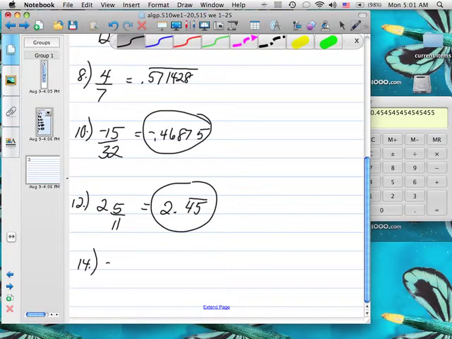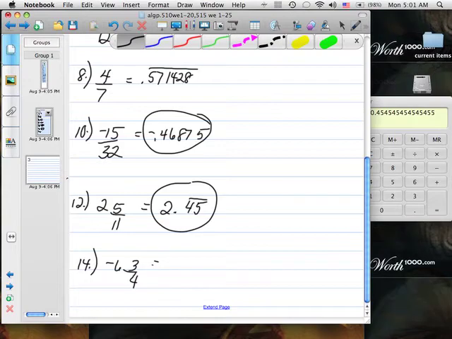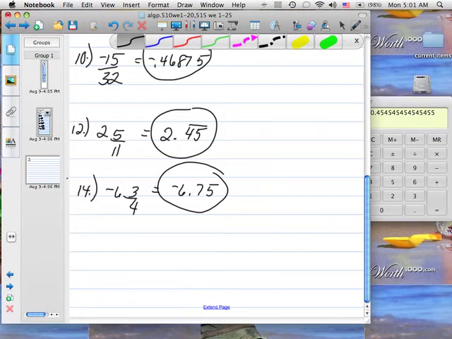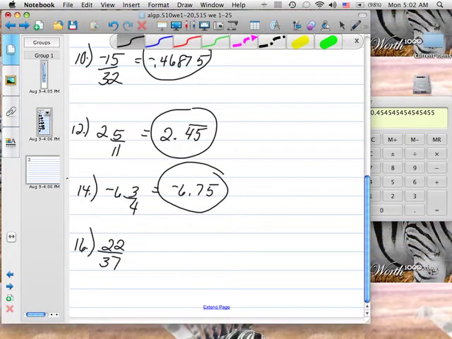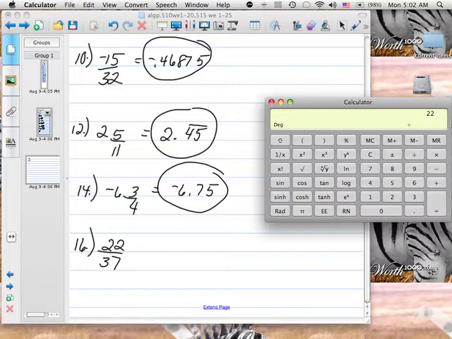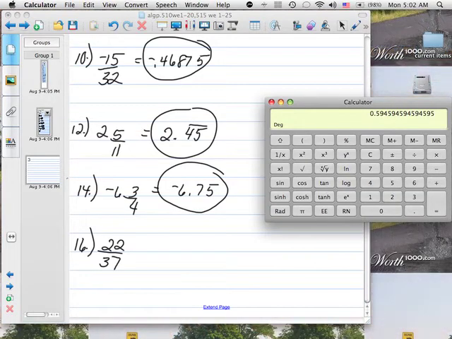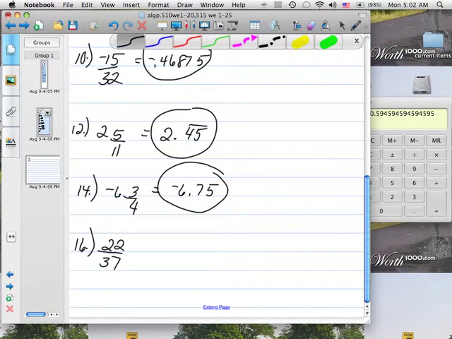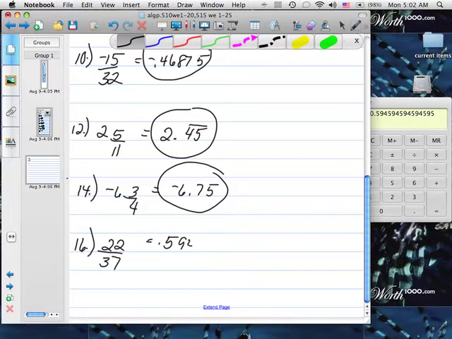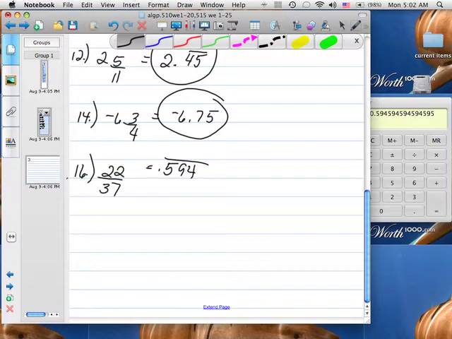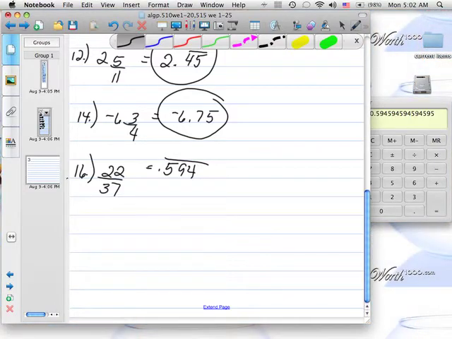Number 14, negative 6 3/4 is negative 6.75. We know what 3/4 is. And 16, 22/37 is 0.594 repeating. And then 17 through 25, we're changing the decimal into fractions.